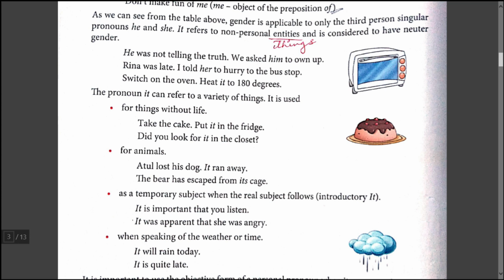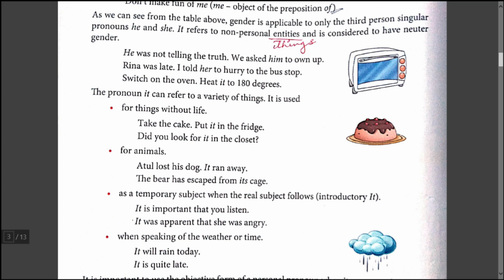So it is over here a temporary subject. Next one. It was apparent that she was angry. It was natural that she was angry. About whom are we talking? She. It was apparent, natural. So here we are talking about her anger, and so we will use it over here.